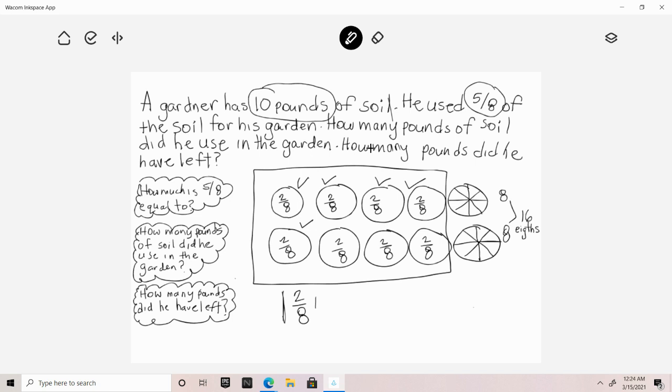So again, we have the 1 and 2 eighths, with the 1 and 2 eighths, again with the 1 and 2 eighths. And when we combine it, we have 1, 2, 3, 4, 5 wholes.